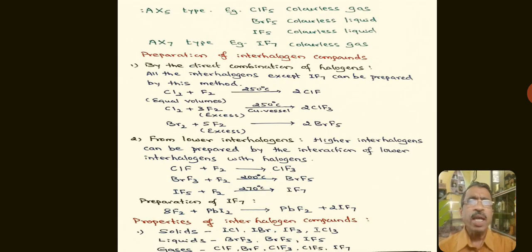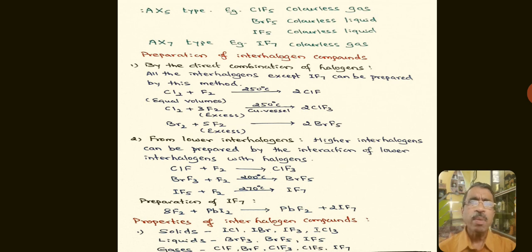Now coming to the AX5 type of interhalogens, chlorine pentafluoride is a colorless gas, bromine pentafluoride is a colorless liquid, iodine pentafluoride is a colorless liquid. Lastly, the only example for AX7 type of interhalogen is iodine heptafluoride, which is a colorless gas.